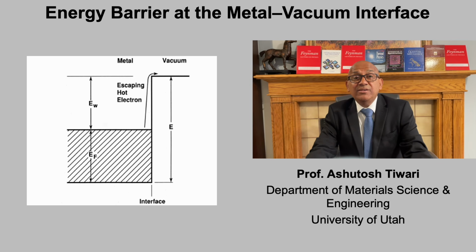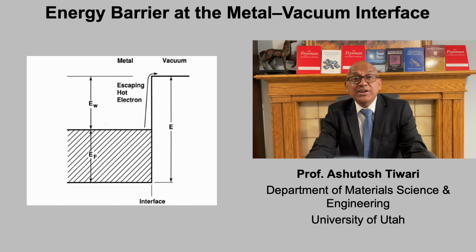At the interface with vacuum, they encounter an energy barrier known as the work function, shown here as EW. This work function represents the minimum energy an electron must have to escape from the metal into vacuum. Simply being at the Fermi level is not enough. The electron must acquire additional thermal energy to overcome this barrier.